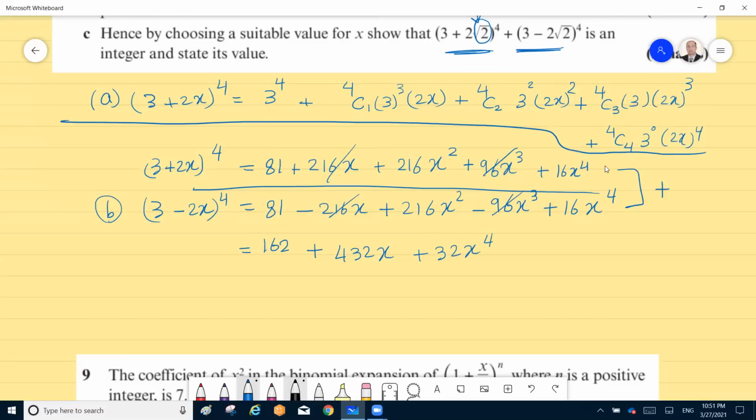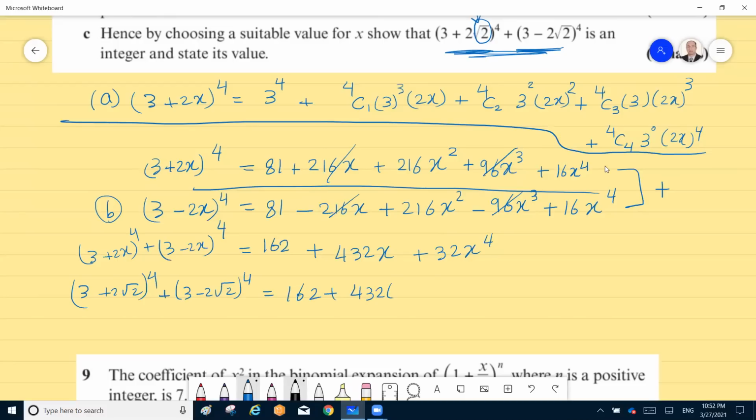This is the sum of 3 plus 2x to the power of 4 plus 3 minus 2x to the power of 4. If you want to calculate this amount, you just substitute x is radical 2. So when you have 3 plus 2 radical 2 to the power of 4 plus 3 minus 2 radical 2 to the power of 4, only substitute here with x, sorry, this x squared.